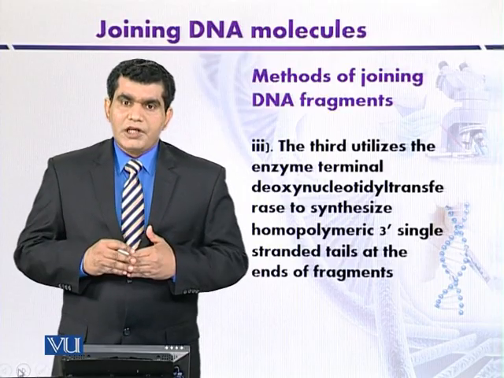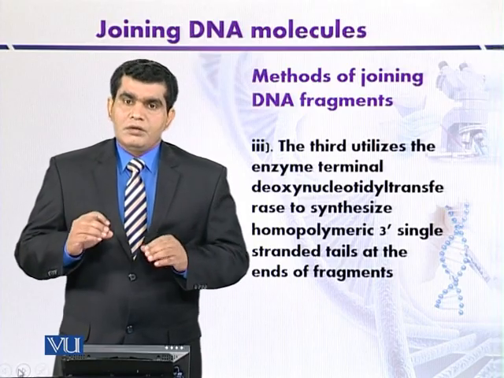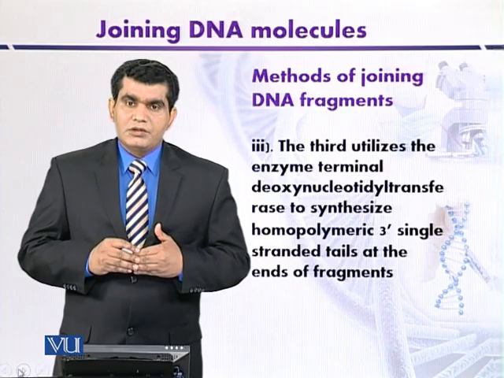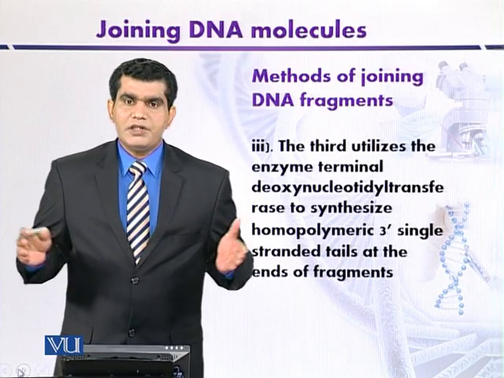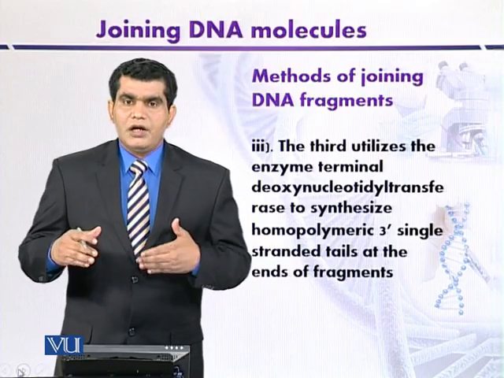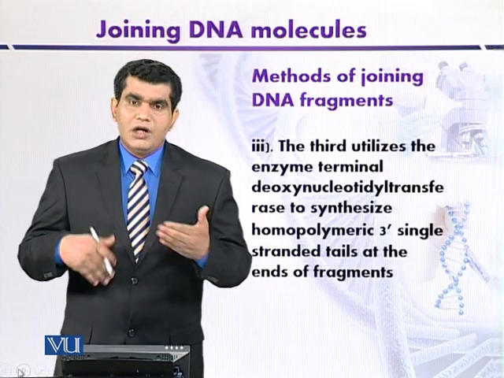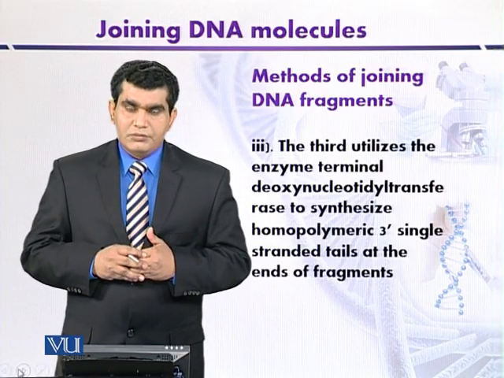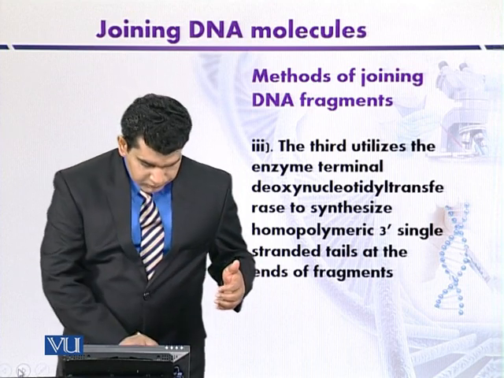Homopolymer tailing means that the tails contain a single type of residue at the 3' ends, for example, either adenine, guanine, cytosine, or thymine. How it is possible, we are going to discuss after some time. But now we are going to focus on DNA ligase.